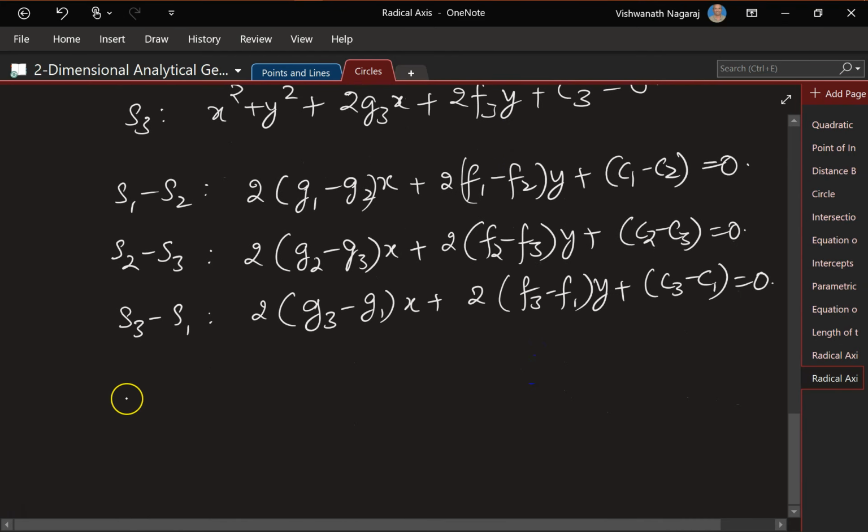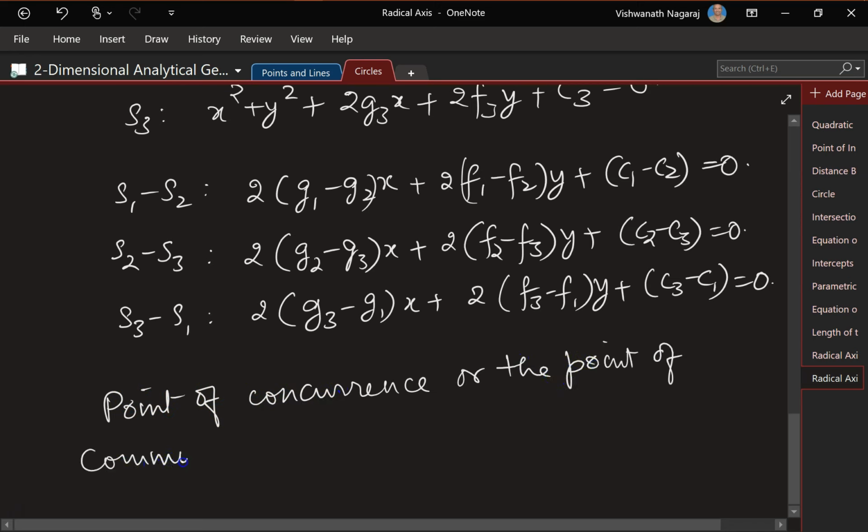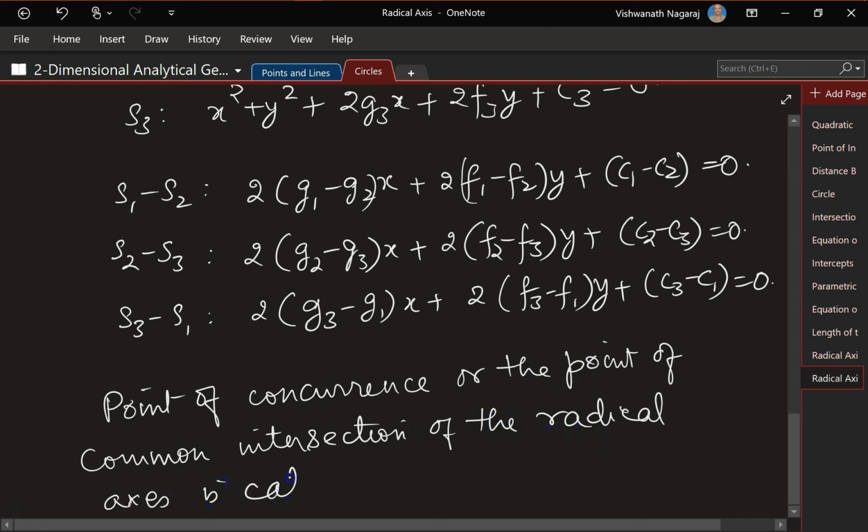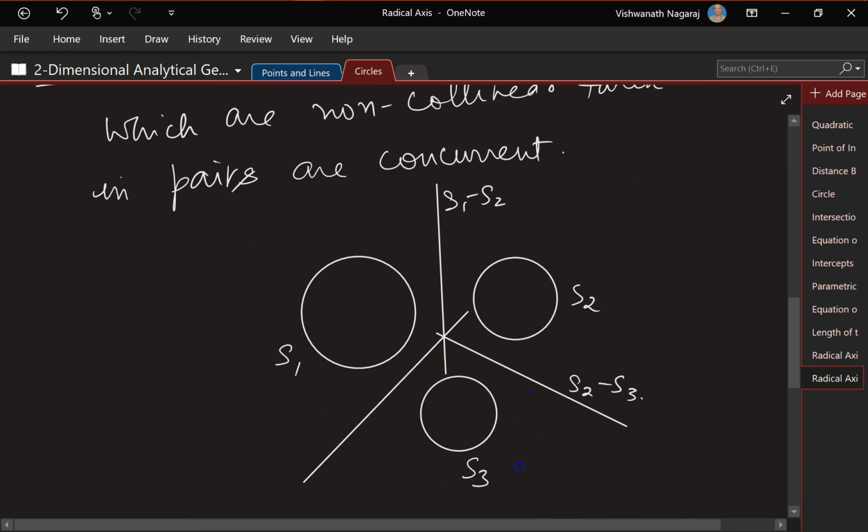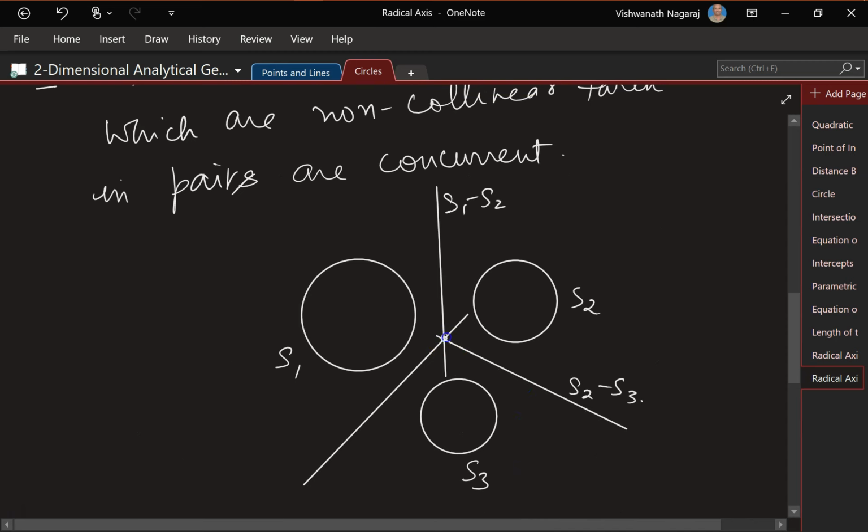Now again, if you look at the diagram, you will find that there is a point at which all the three radical axes intersect. So the point of concurrence, or the point of common intersection of the radical axes, is called the radical center. So this point, the middle, is the radical center.